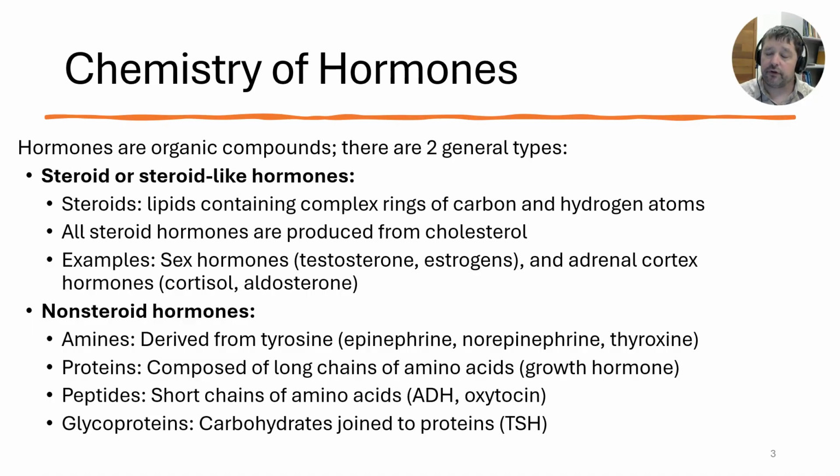They can just be proteins in general, long amino acid chains, things like GH or growth hormone. They can be peptides, which are short chains of amino acids. Again, all these things are related to proteins, and they can be glycoproteins, which means that you could have a carbohydrate, a sugar, attached to a protein. Okay? So again, these are protein based, these are fat based. And those are really the main differences between the two general types.